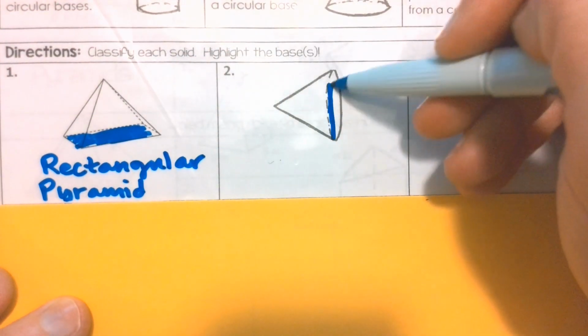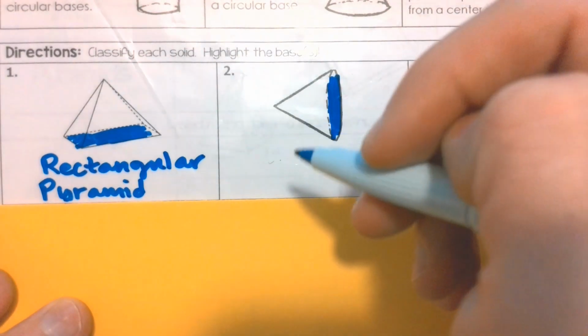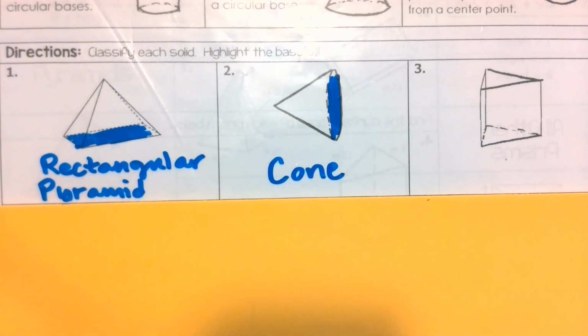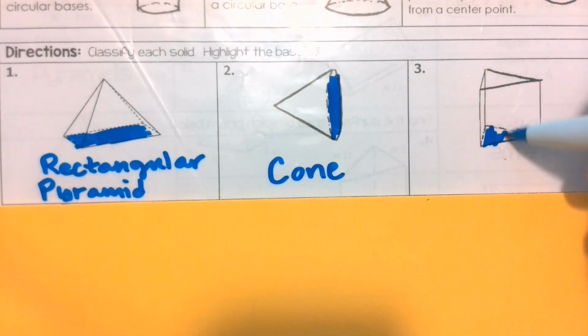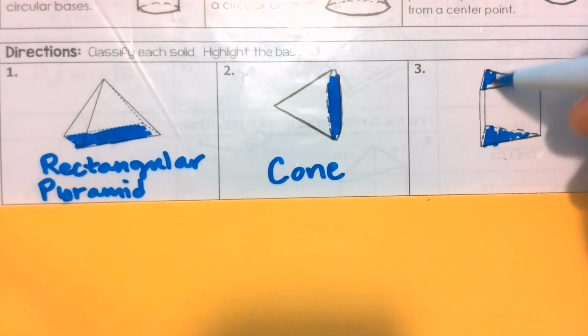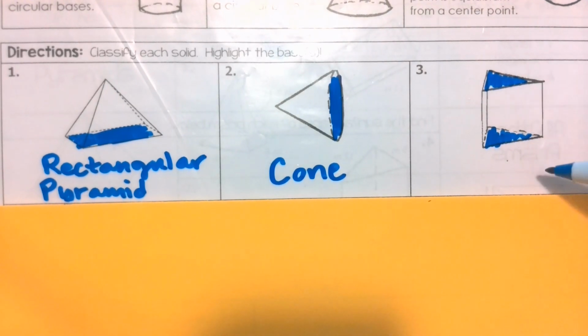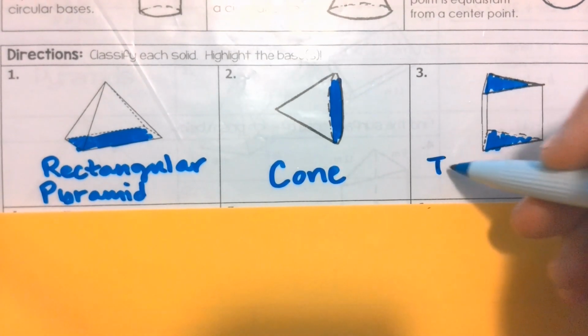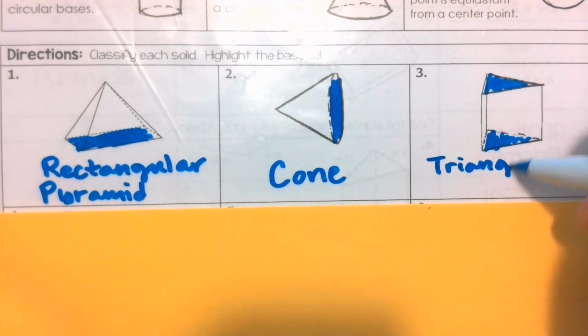Number two, not sitting on its base, but definitely a cone. Number three does happen to be sitting on its bases. It has those two triangle bases that are parallel to each other. Every other side here is a rectangle. So this is a prism, but its bases were triangles, so it is a triangular prism.